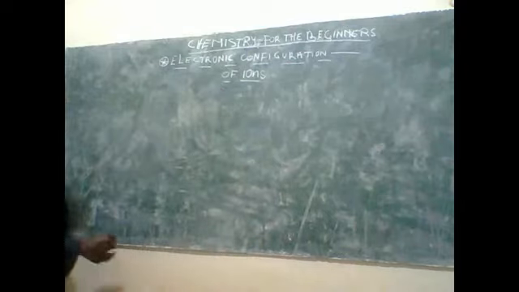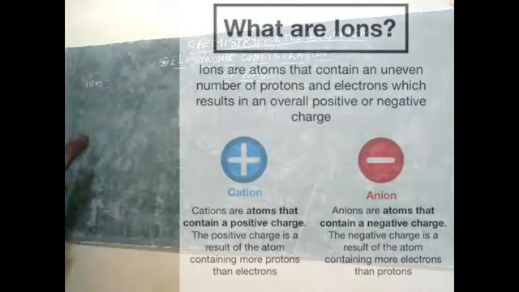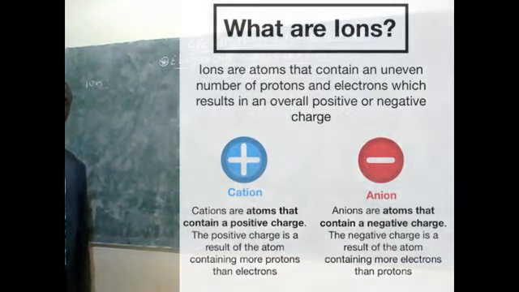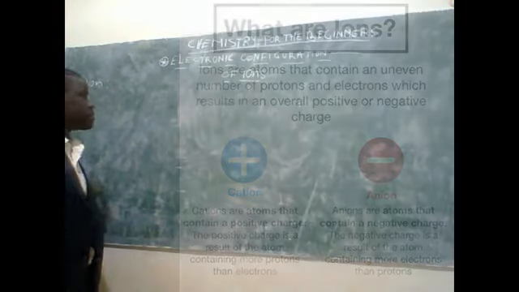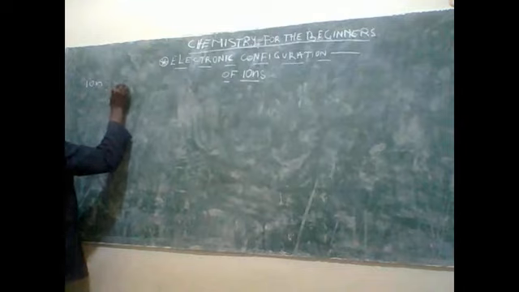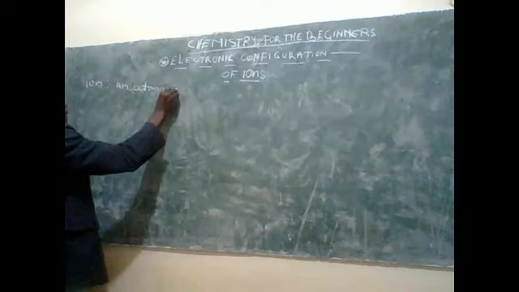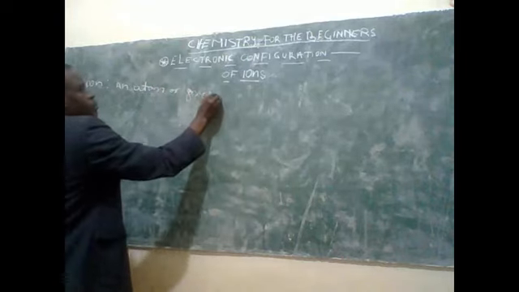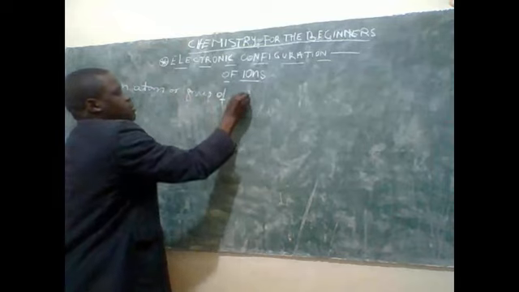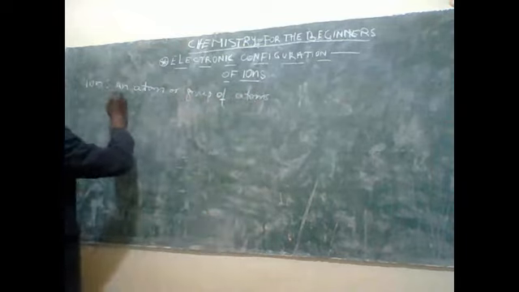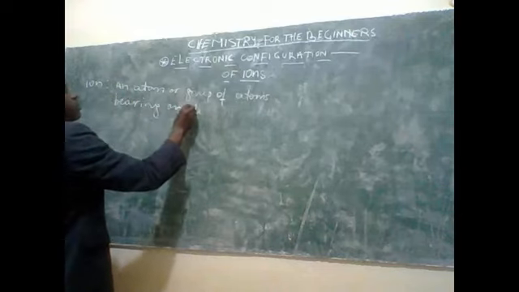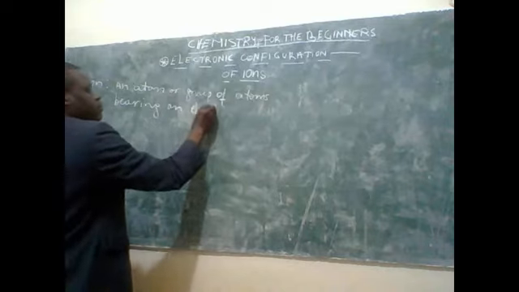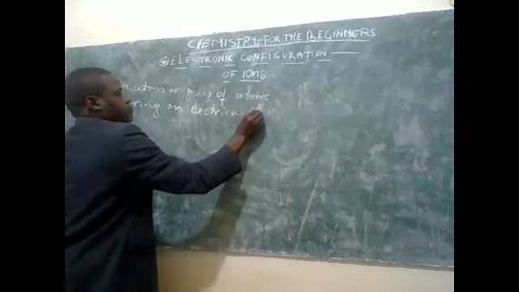Let us write here. An ion is an atom or a group of atoms bearing an electrical charge.